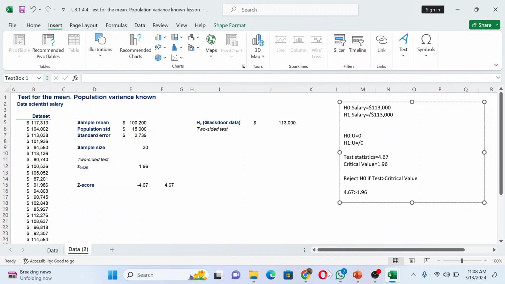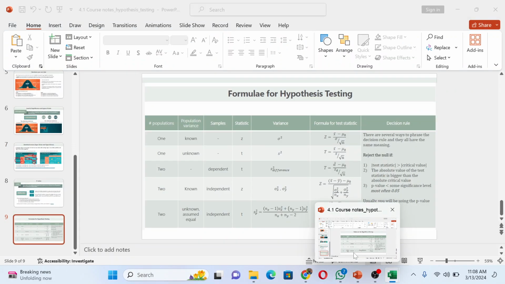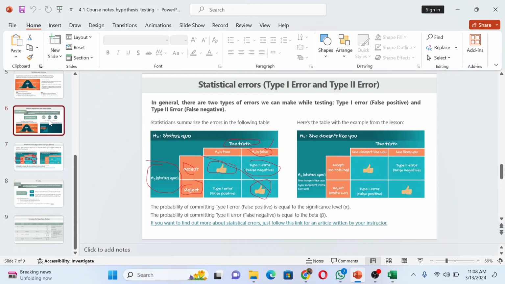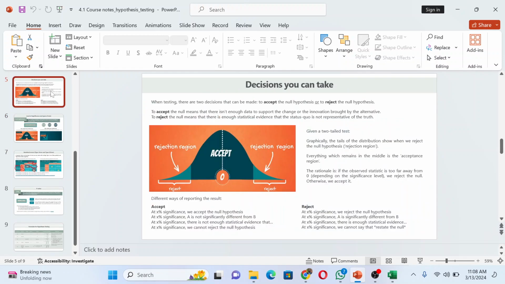So we can say that. How are we going to report it? Our significance level was 5%.